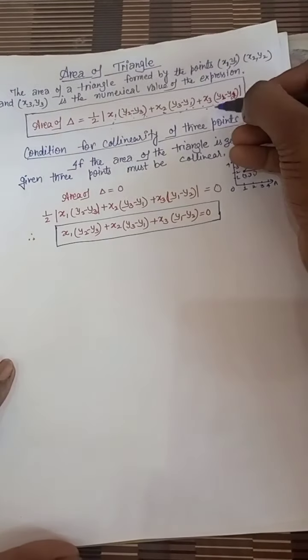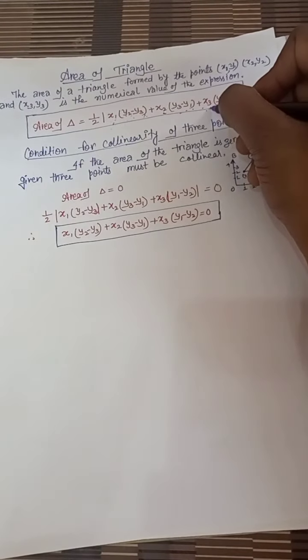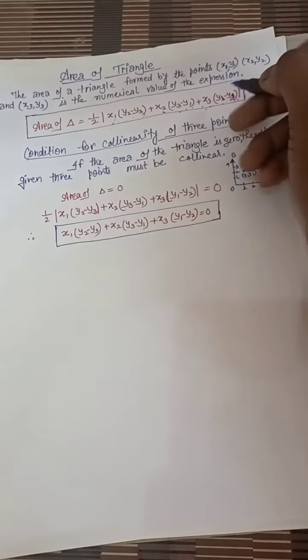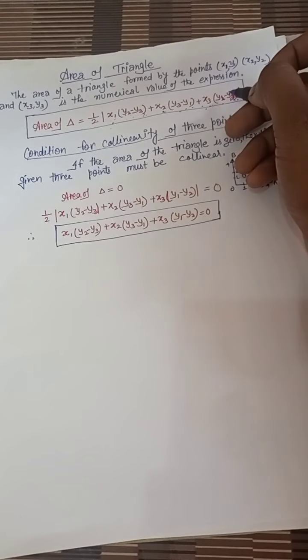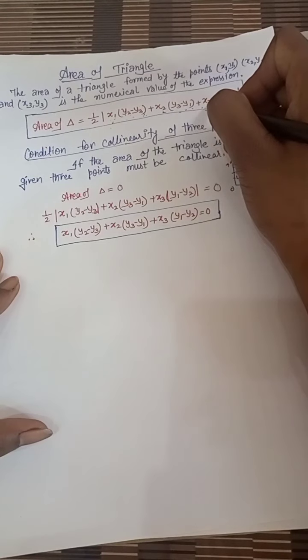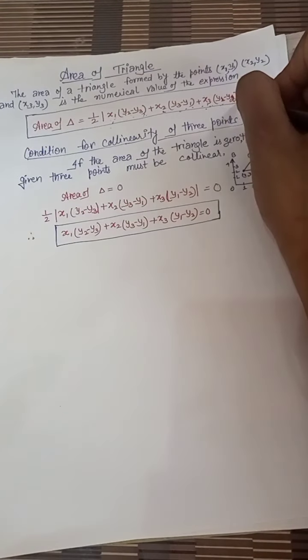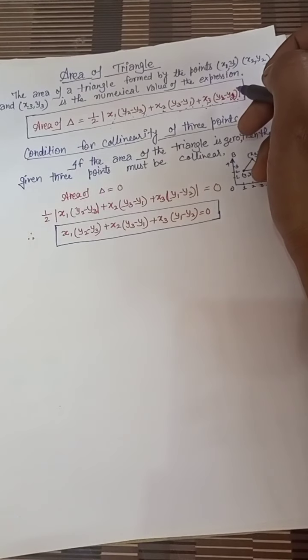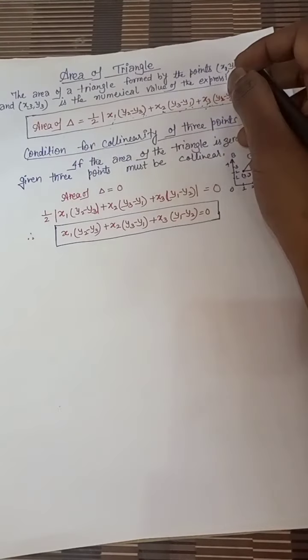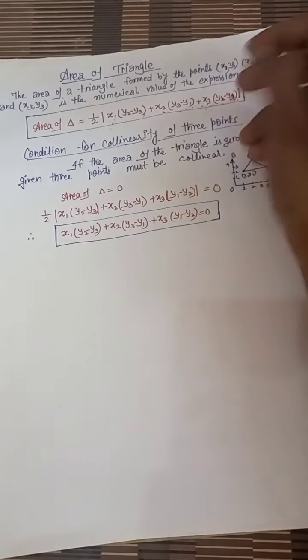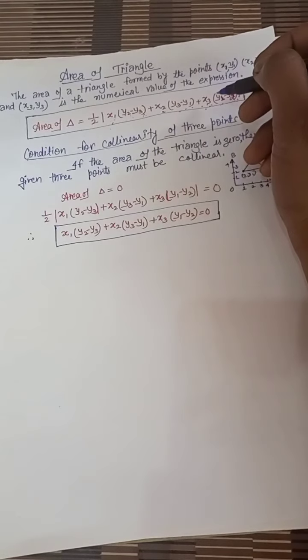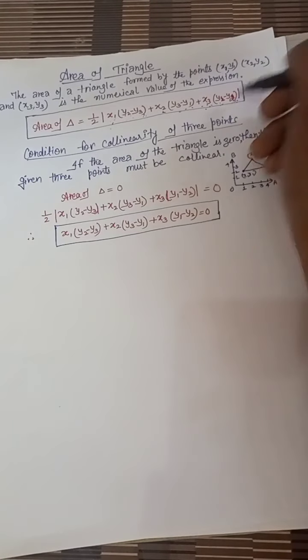Again x3: the numbers repeat 1 2 3 1 2 3. After 3 comes 1 and 2, so y1 minus y2. So it is easy to remember. If x1, the remaining numbers are 2 and 3, so y2 minus y3. If x2, then y3 minus y1. If x3, then y1 minus y2.